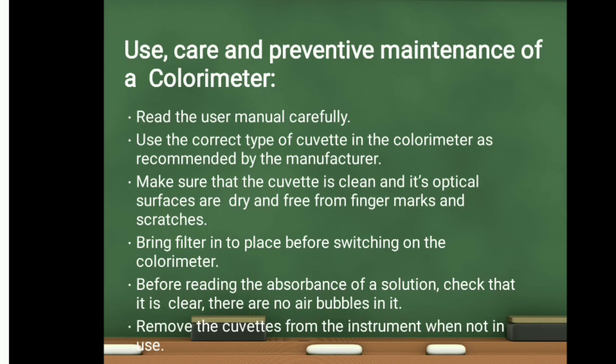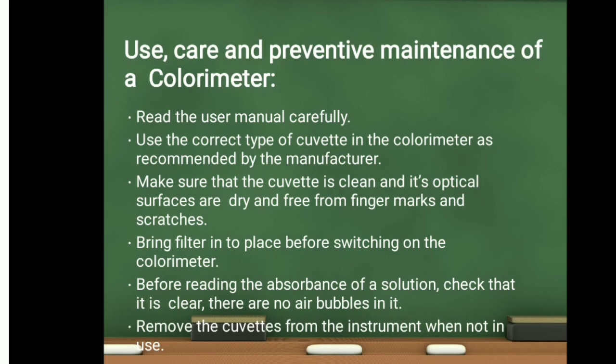Bring filter paper into place before switching on the colorimeter. Before reading the absorbance of a solution, check that it is clear, there is no air bubble in it.